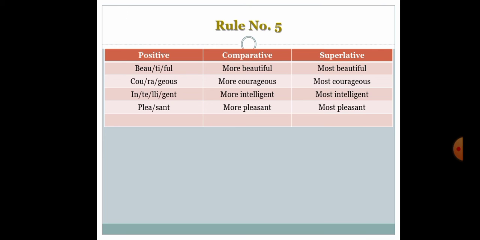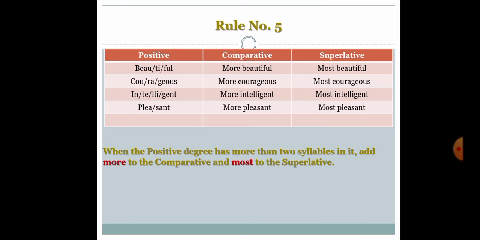Accordingly, you have to decide whether you have to add more, most, or whether you have to change it in any other form. So the adjectives which have more than 2 syllables are always converted to comparative and superlative in the form that I just explained. When the positive degree has more than 2 syllables in it, add more to the comparative and most to the superlative form.